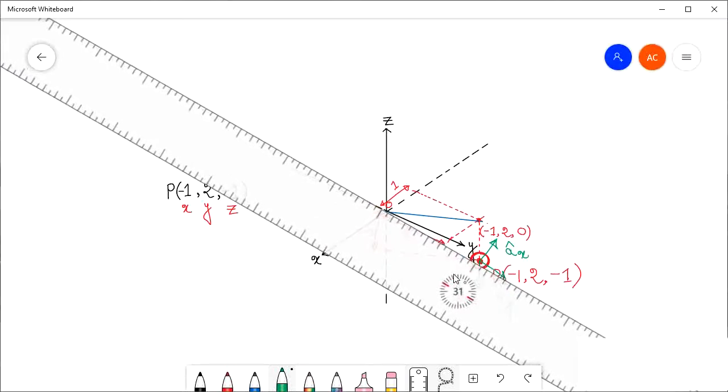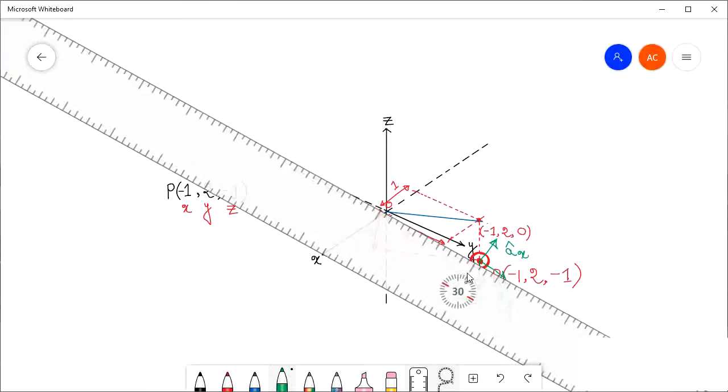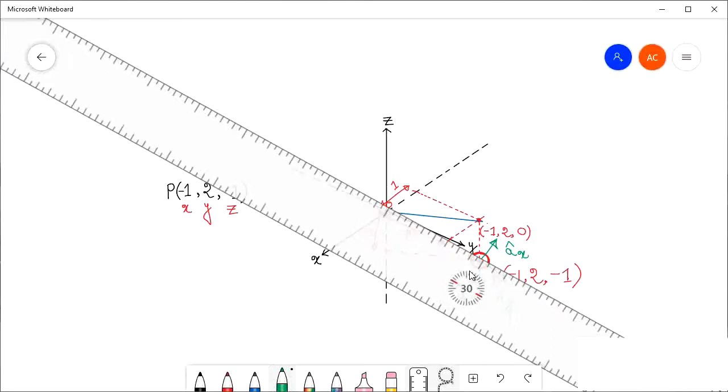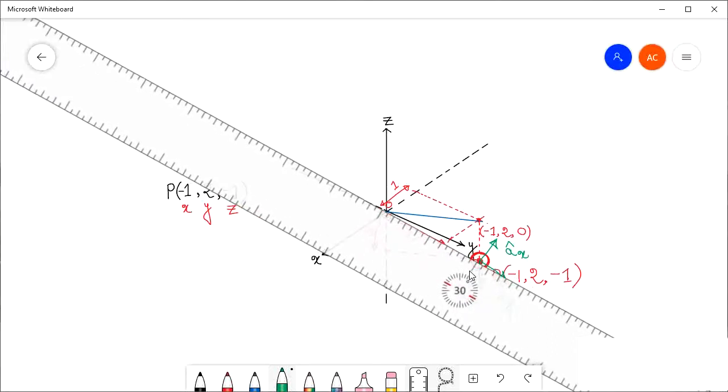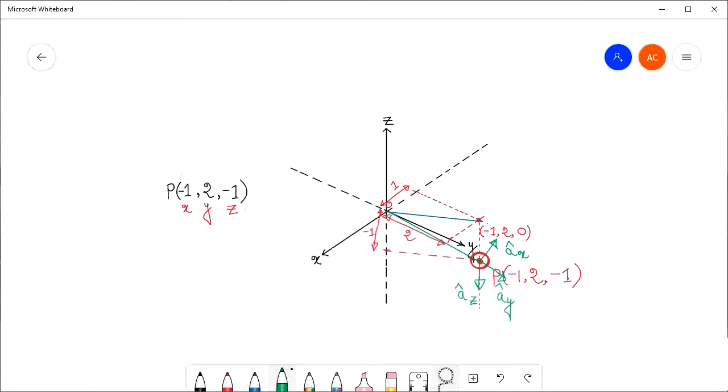I think it needs a little bit more rotation. I think it is good, right? So let's join these two points and give a vector direction coming out of the origin. That's it. We have given a quick review on how to position a point in Cartesian coordinate system and express it in a vector quantity. Thank you.